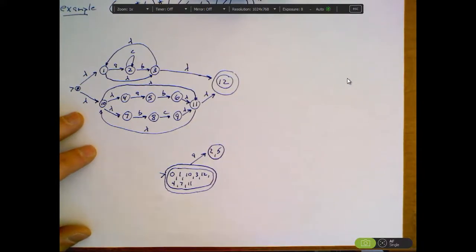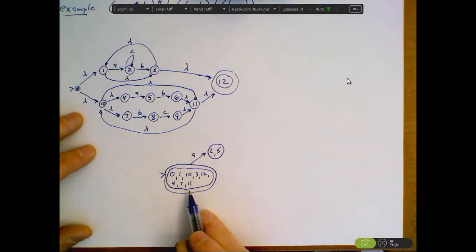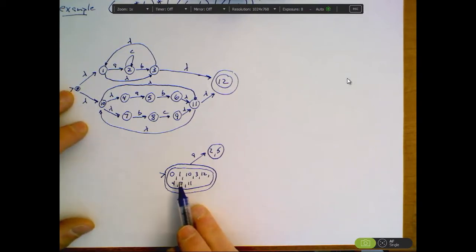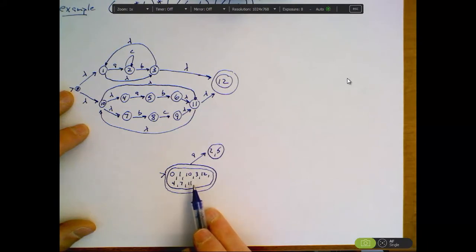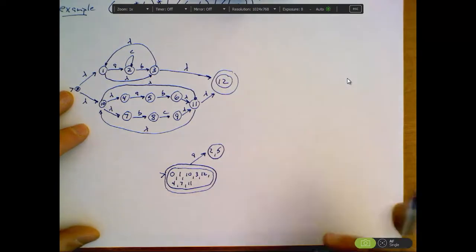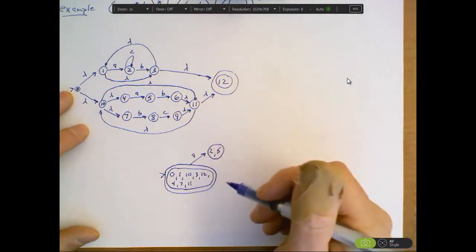Okay. Now let's look at B coming out of this state. Again, 0 on a B, can't get anywhere. 1 on a B, can't get anywhere. 10 on a B, can't get anywhere. 3 on a B, can't get anywhere. 12, can't get anywhere. 4 on a B, no. 7 on a B, though, I can get to 8.